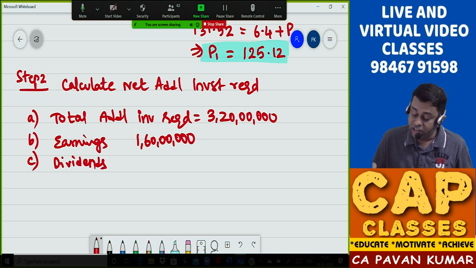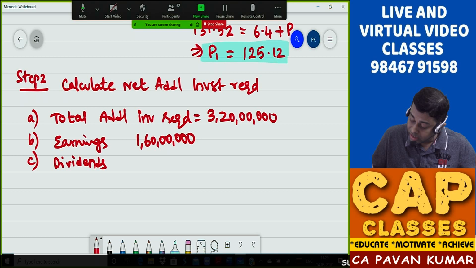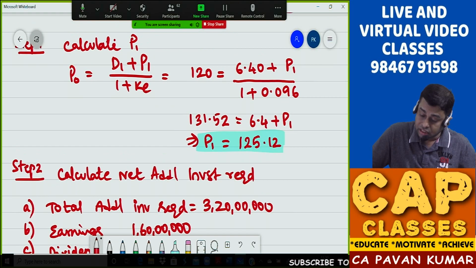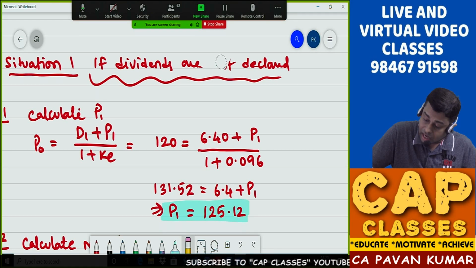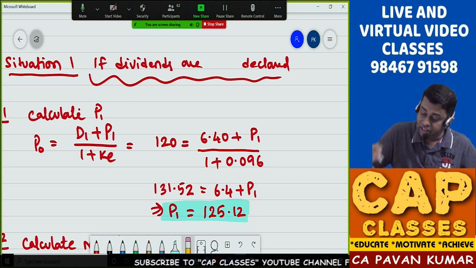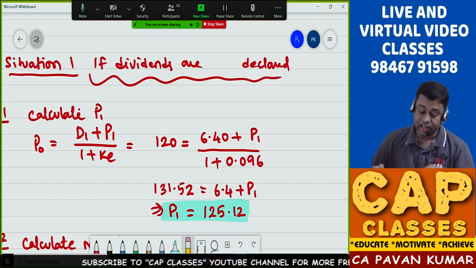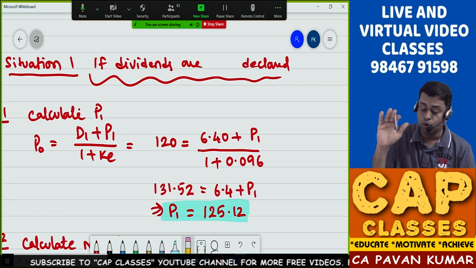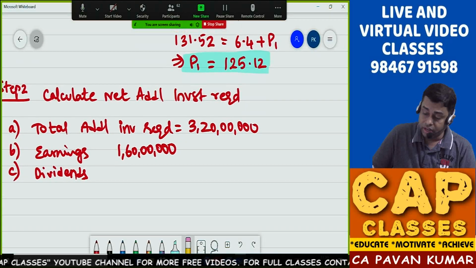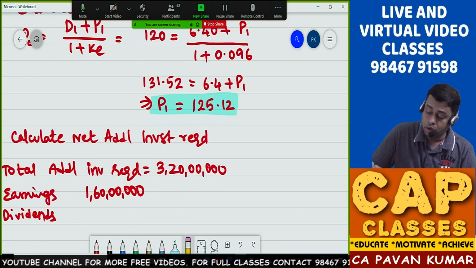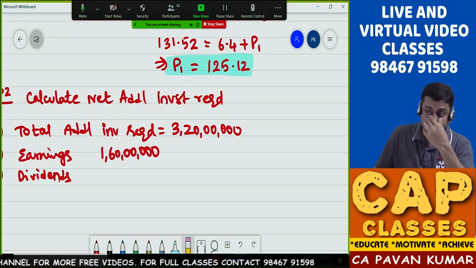Okay, you paid a dividend of 6.4. Okay, we'll do one thing. Go back to the question and say if dividends are declared. Because in step 1 we have taken dividends, no? If dividends are declared. So situation 2 will do if dividends are not declared. Don't worry about it. Either way it is fine. So if dividends are declared, 6.4 rupees is the dividend you are paying.